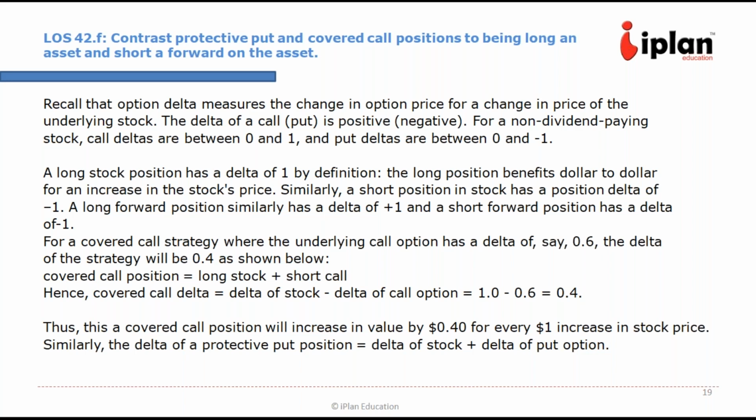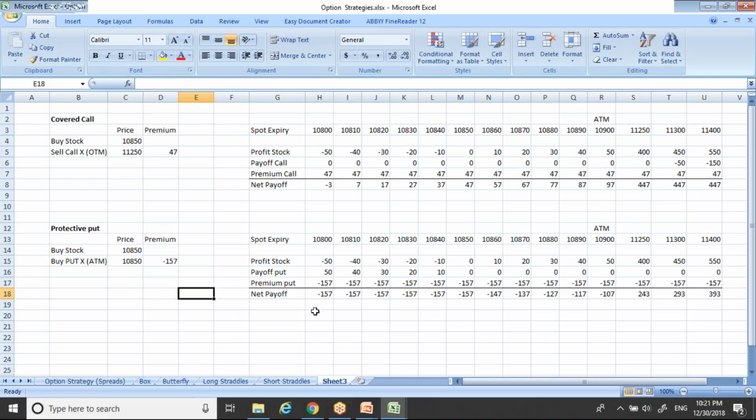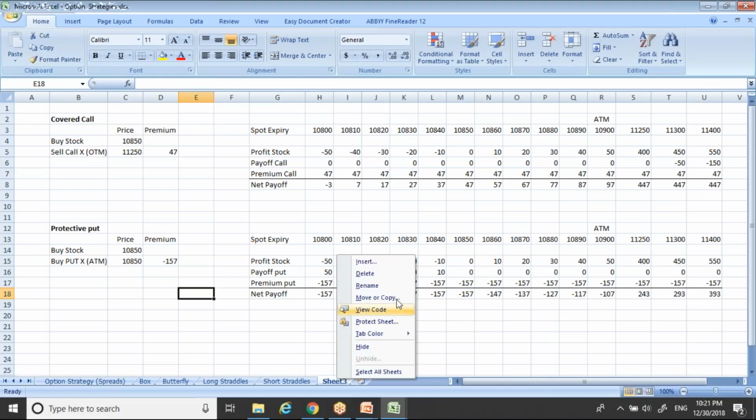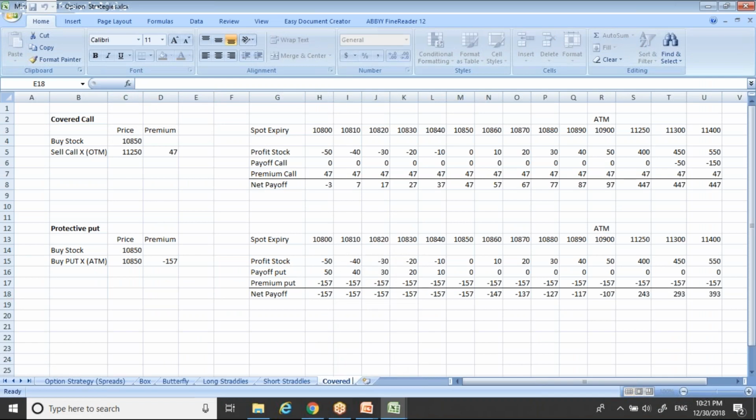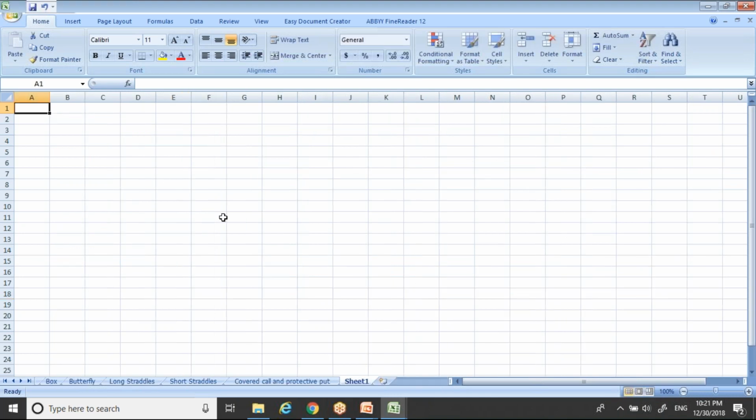For this, you must have an understanding of option Greeks. So what is delta? See, delta is basically the change in price with respect to the change in premium. I'll tell you what that is. So let's take another sheet.